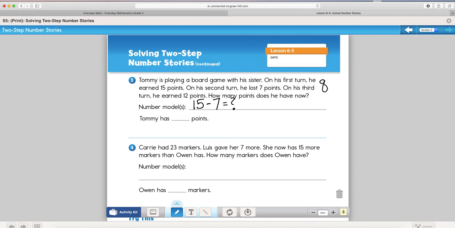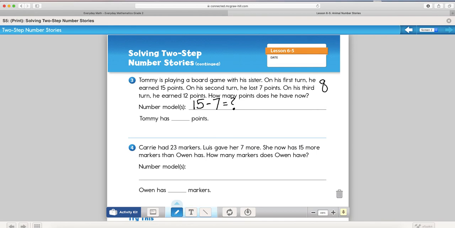What do we want to do, Caden, with those two numbers? Yes, that's what I'm asking you. At the end of his second turn, he had 8 points. Now, on his third turn, he earned 12 points. And we want to figure out how many points he has now. So what do we want to do with those two numbers?